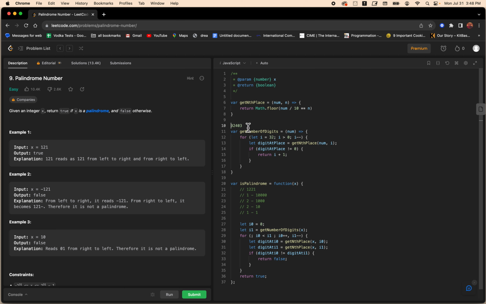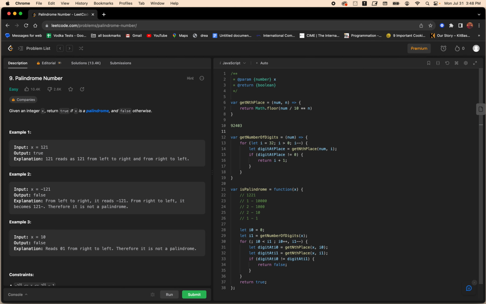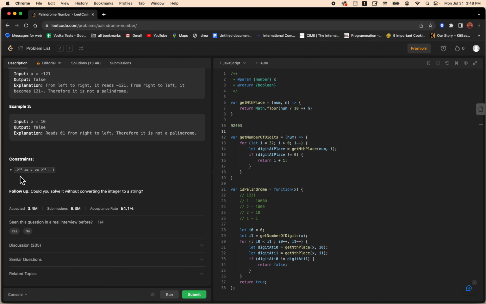Okay, so what this function here is going to do is it's going to start with getting the digit at the 10 to the 32 place, which, let's look at our constraints. I don't know, 10 to the 30, 2 to the 31. Oh, yeah, base 2, base 10. That's annoying.